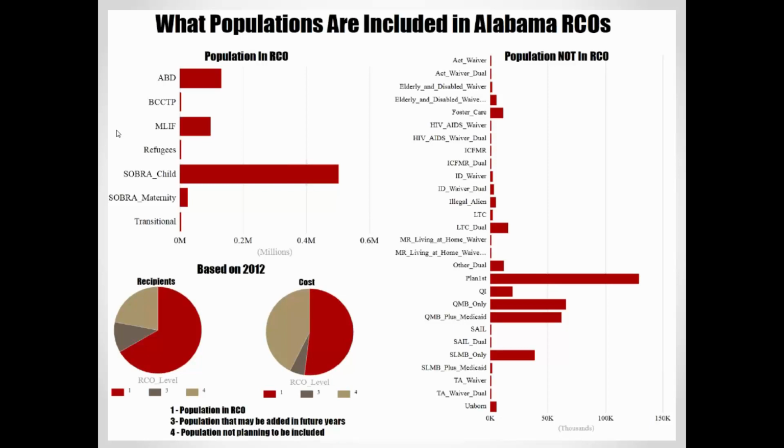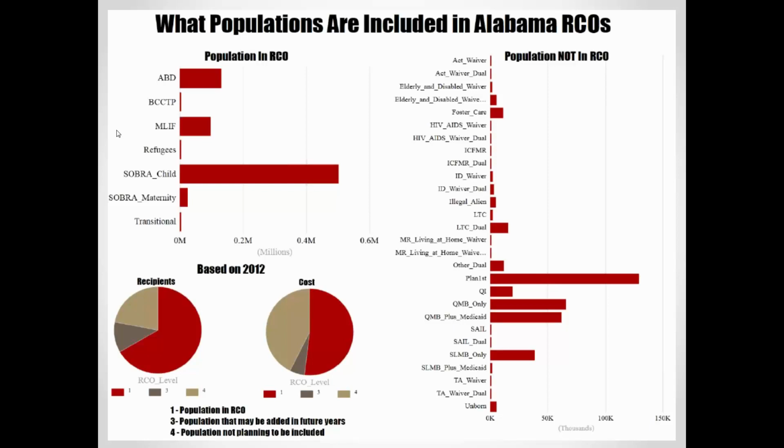The right side lists the populations that are not included in the RCO. You'll see the largest group is the Plan First group. It includes generally, with Plan First, all duals, long-term care, and many of the populations that are in some of the specialty waiver programs and foster children. But you'll see the specifics listed there.